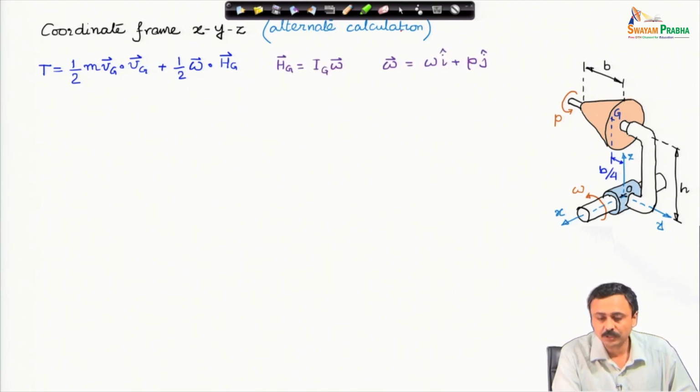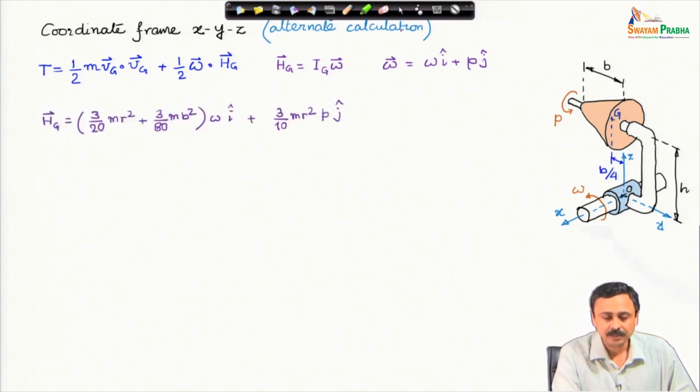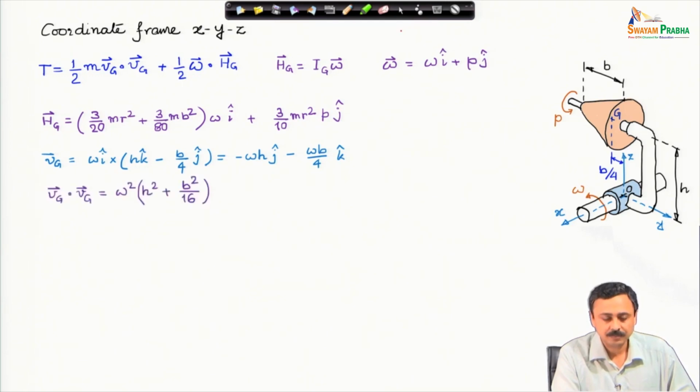Let me show it quickly. Hg is Ig times omega, the net angular velocity of the cone, omega i cap plus p j cap. Hg is the moment of inertia tensor about g times omega, and velocity of center of mass we have calculated just now in the previous step.